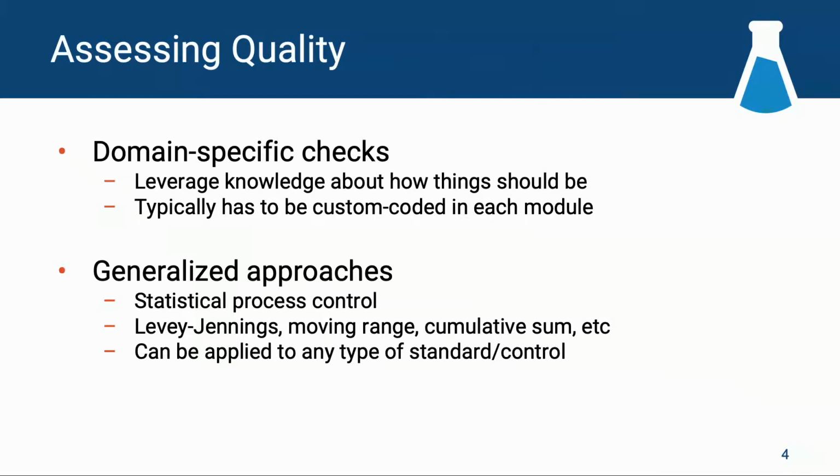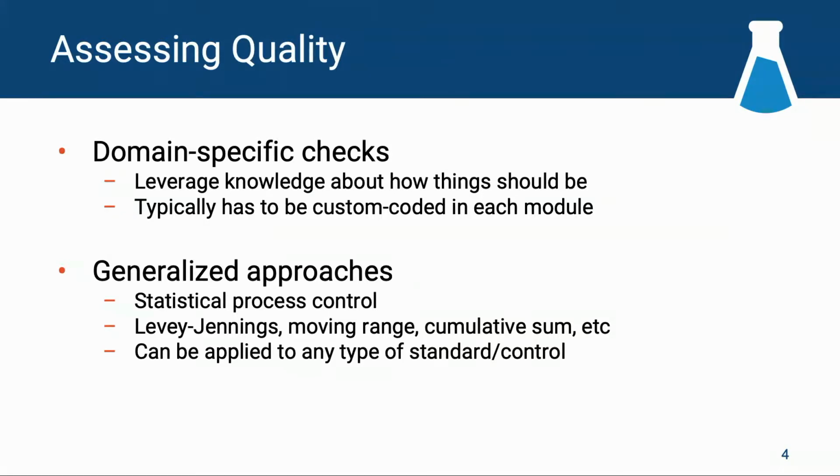So these, because they're aware of the type of data, need to be implemented for that type of data. And so these are typically packaged inside of a module, or it might be a custom report that you've written, like an R report or a SQL query that understands something about the data and what it's supposed to look like.